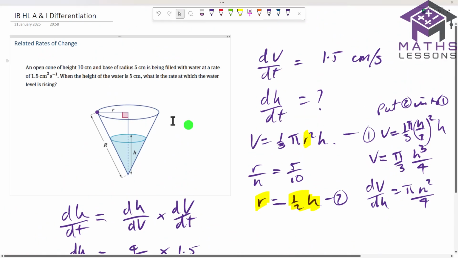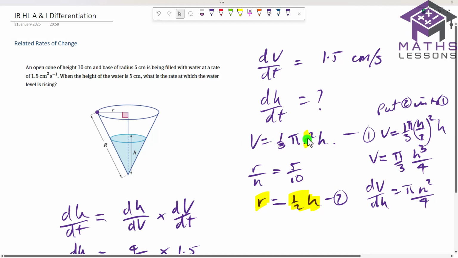So remembering this, we get given some information in the question. The easiest way to see what this represents is by looking at units: centimeters cubed, volume per time, so dV by dt. We want the rate at which the water level is rising, dH by dt. Now, we can look for connections in the problem. We can relate volume to height, because volume equals 1/3 pi r squared h.